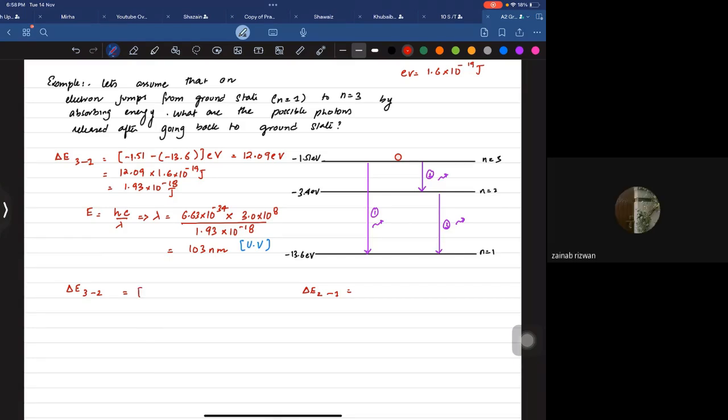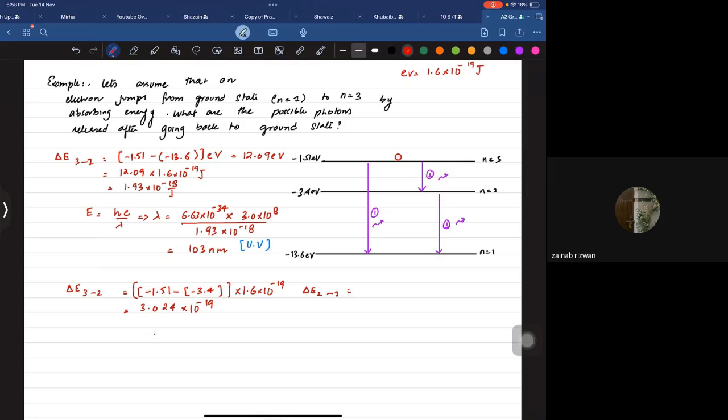So this is going to be like, you guys need to do 1.51 minus 3.4 in eV. And then when you have this, you multiply this whole thing with 1.6 times 10 raised to minus 19. That would give you some energy, and that energy will be 3.024. So you can confirm this, please.